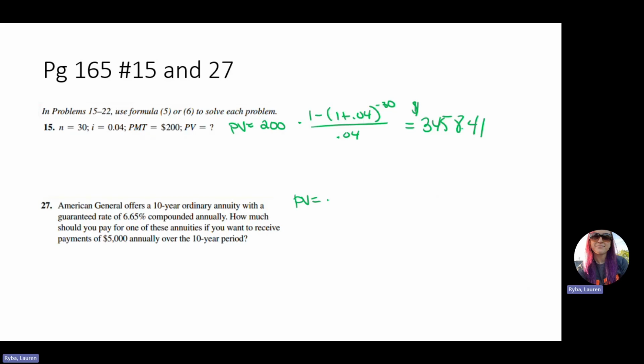All right, we have $5,000 is what we want to be able to take out. 1 minus parentheses 1 plus 6.65, so 0.0665 annually. So I don't have to, dividing by 1 doesn't change my answer there. I'm going to raise that to the negative 10 power because I want to do this 10 times. And then 0.0665 is going to be on the bottom.